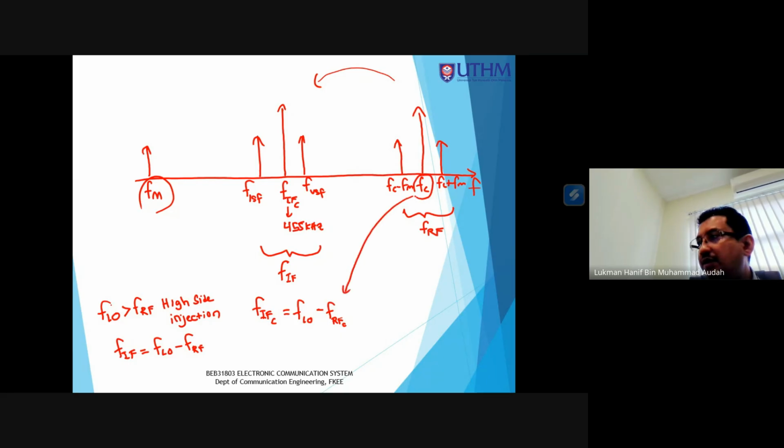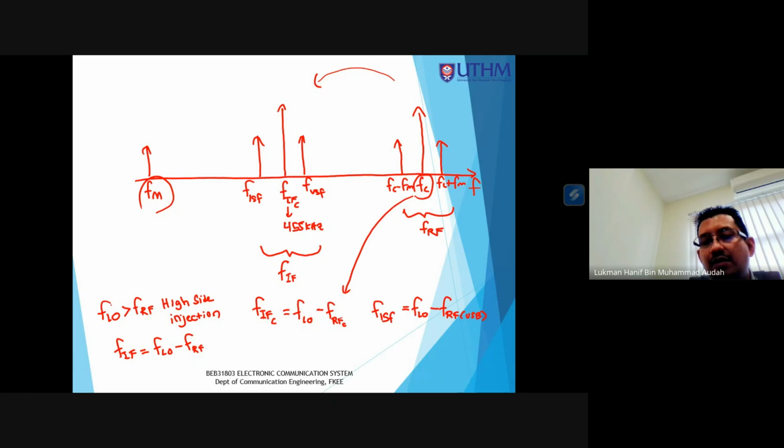Okay, and then if I want to find the FLSF, lower side frequency, this is equal to FLO minus the FRF USB.